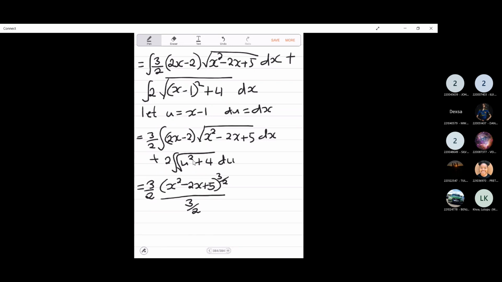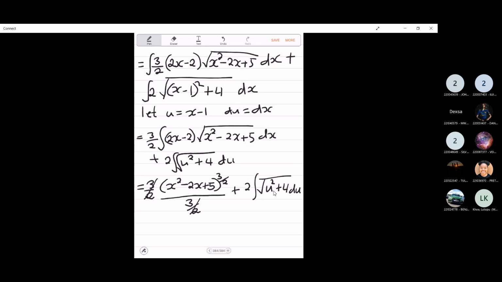Then to integrate this one, so we'll say those two will cancel, then we just write it like that. Okay, so here we need to make a substitution. So when we have plus here, we need to use tan.